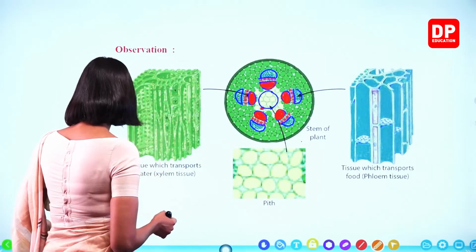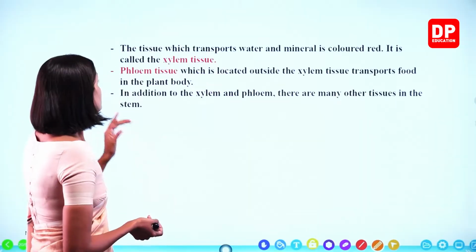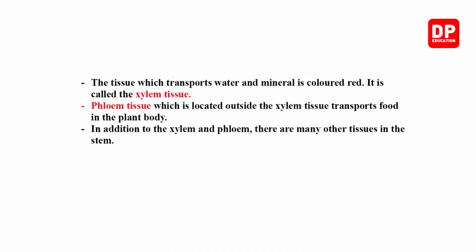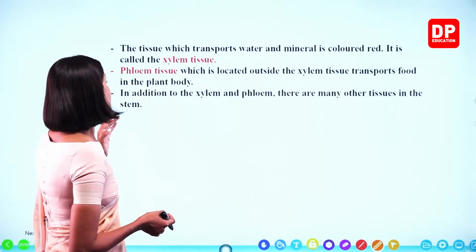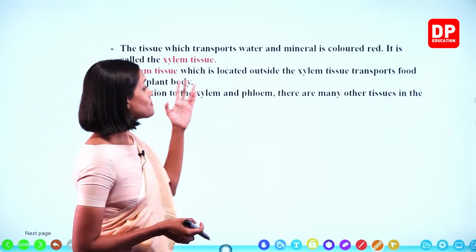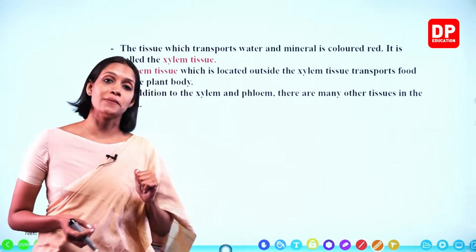Right, children? The tissue which transports water and minerals is colored red. It is called the xylem tissue. Phloem tissue, which is located outside the xylem tissue, transports food in the plant body. Right, children? In addition to the xylem and phloem, there are many other tissues in the stem, like pith.